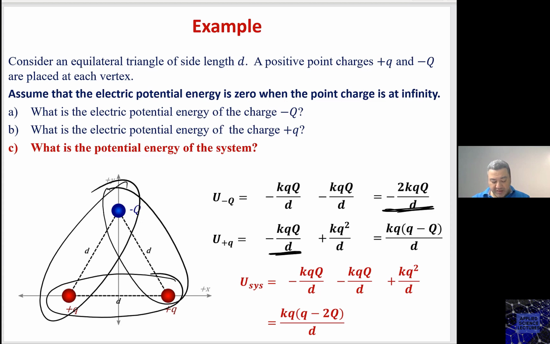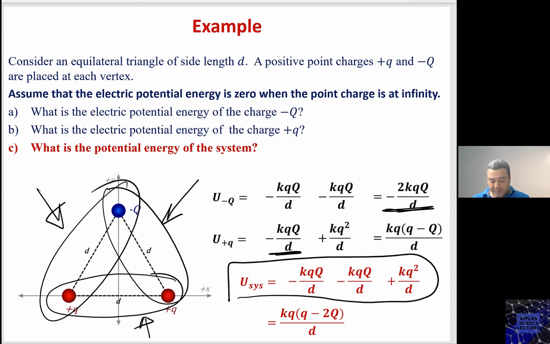So in this case, it will be minus KQQ over D, this one will be minus KQQ over D, and it will be KQ squared over D. So you add them together, and this will be the electric potential energy of the system.